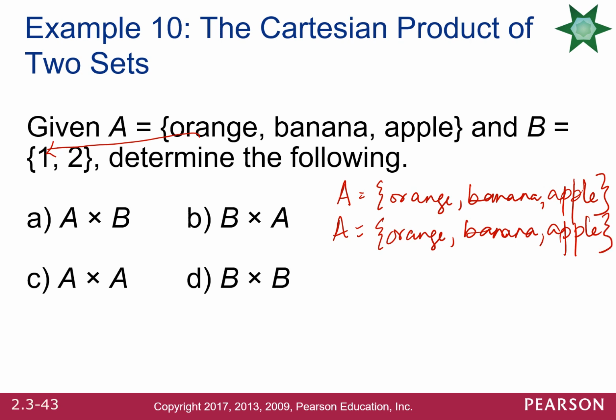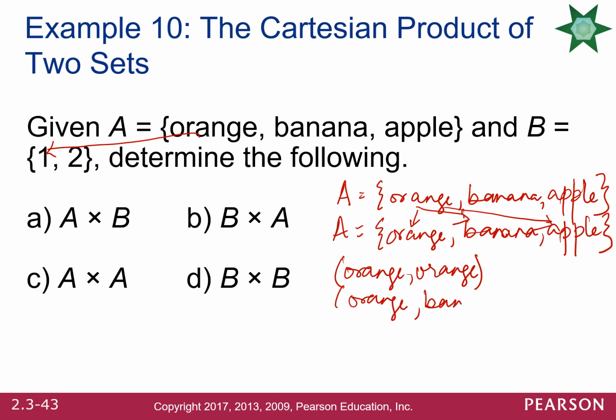All right, so what are the ordered pairs we are going to get? Orange, comma, orange, orange, comma, banana, orange, comma, apple.